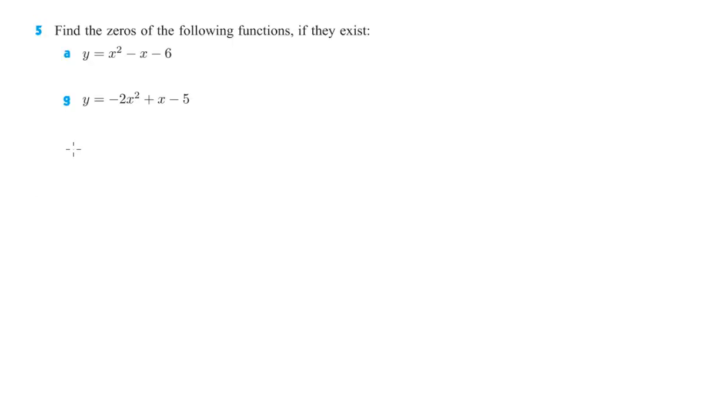Okay. Moving on to number 5. Find the zeros of the following function. That is, the zeros are when it crosses the x-axis, so the x-intercepts. Right? And so that's when y equals 0. So we'd have 0 equals x squared minus x minus 6. So we are going to have to factor this thing out. Factors of 6 are 1 and 6 and 2 and 3. Which ones of those have a difference of 1?